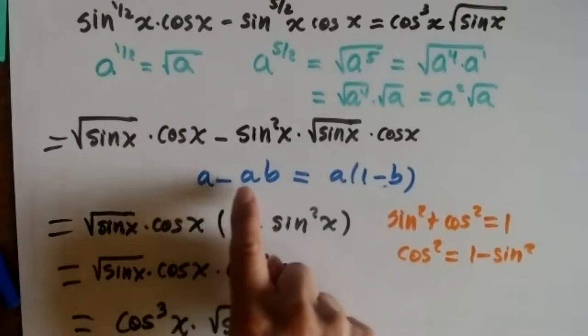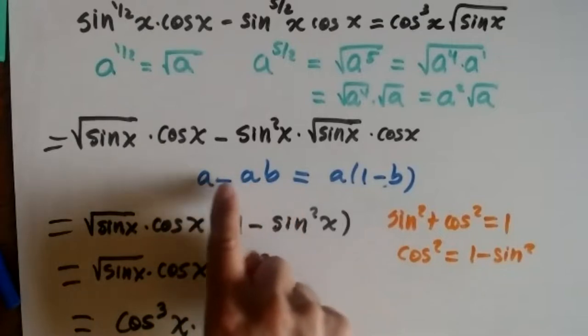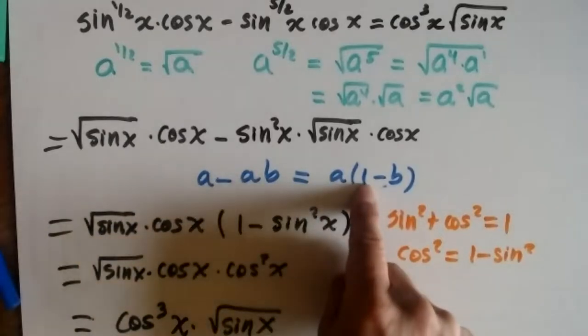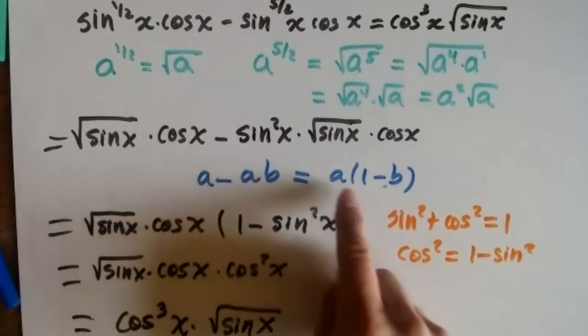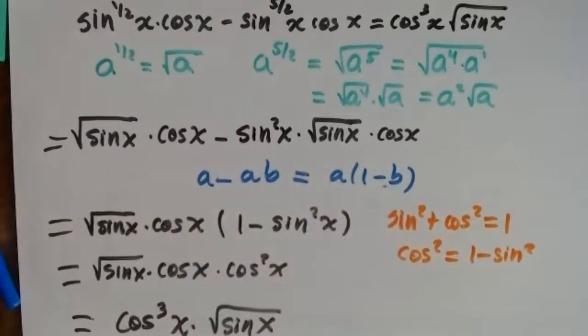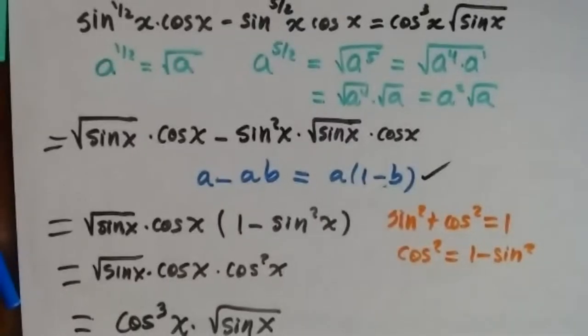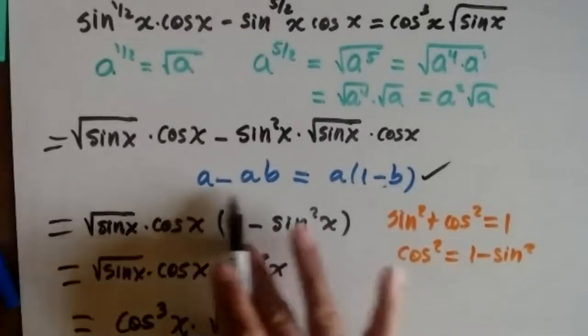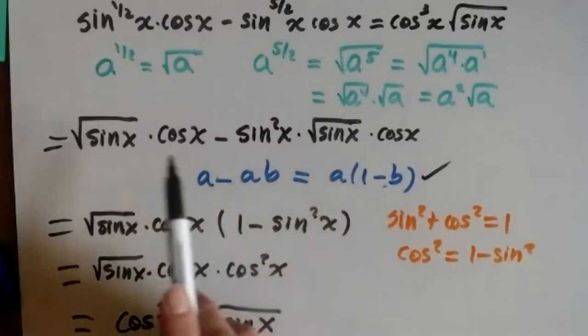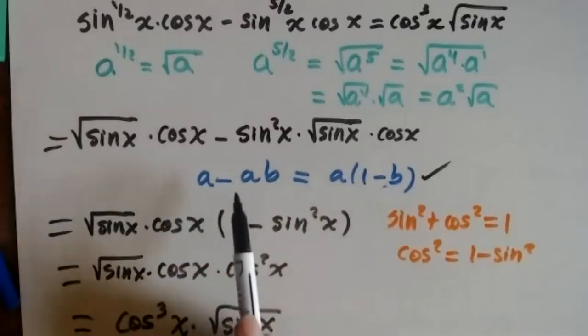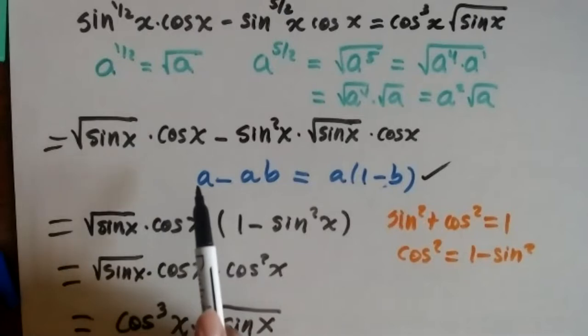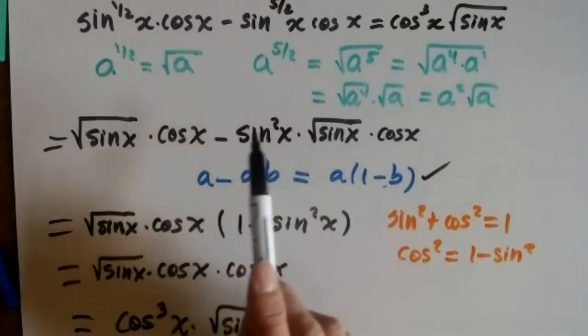A minus AB. If you factor the A, you have A times 1 minus B. Correct? Is this clear? A little bit, yeah. All right, this is clear. Now check that this is the A. All this is A, and it's by itself, you see? Then you have the A times this.